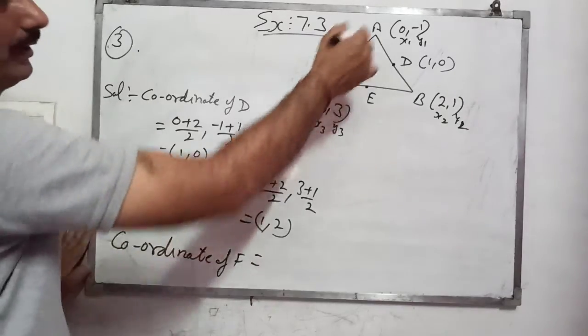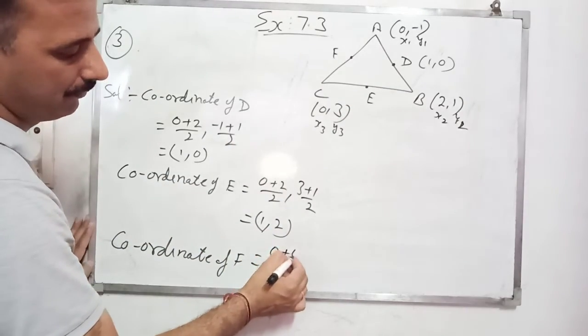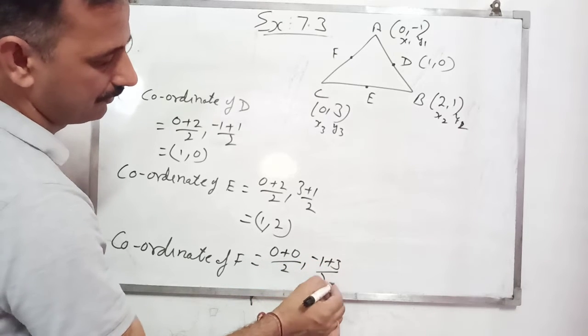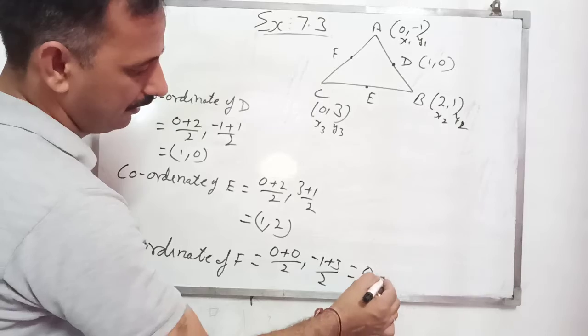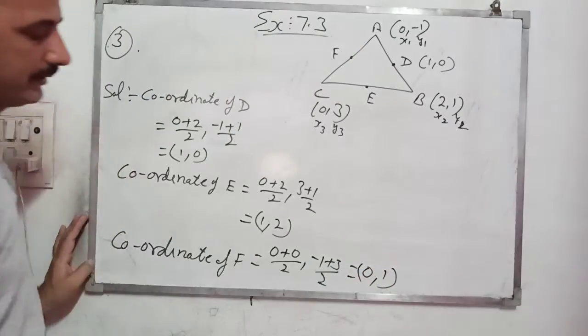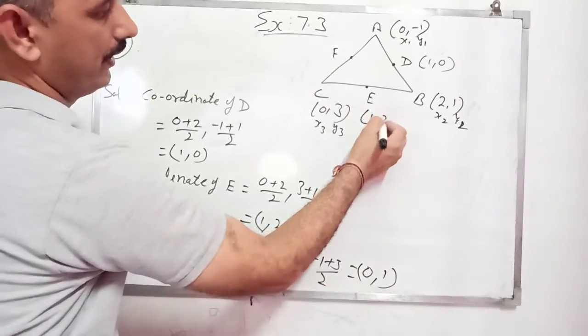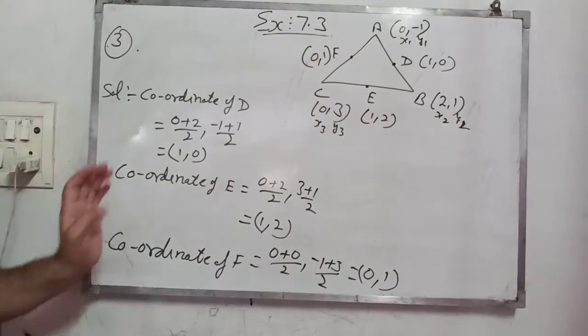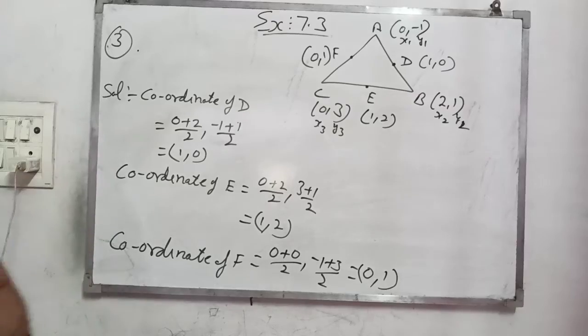So for F point, again using the midpoint formula: 0, and minus 1 plus 3 upon 2. So you get 0 and 1. So these are the points: (1, 0), (1, 2), and (0, 1). So in such a way you find the midpoints.